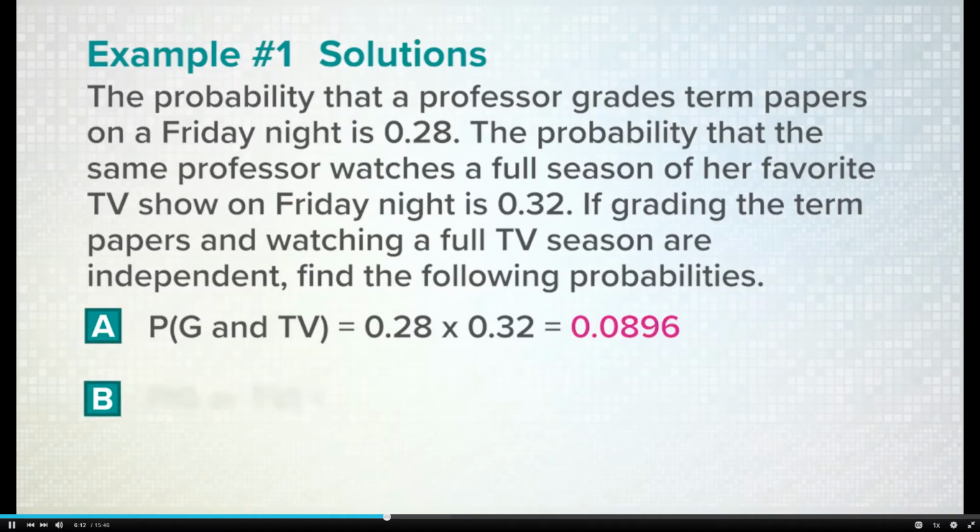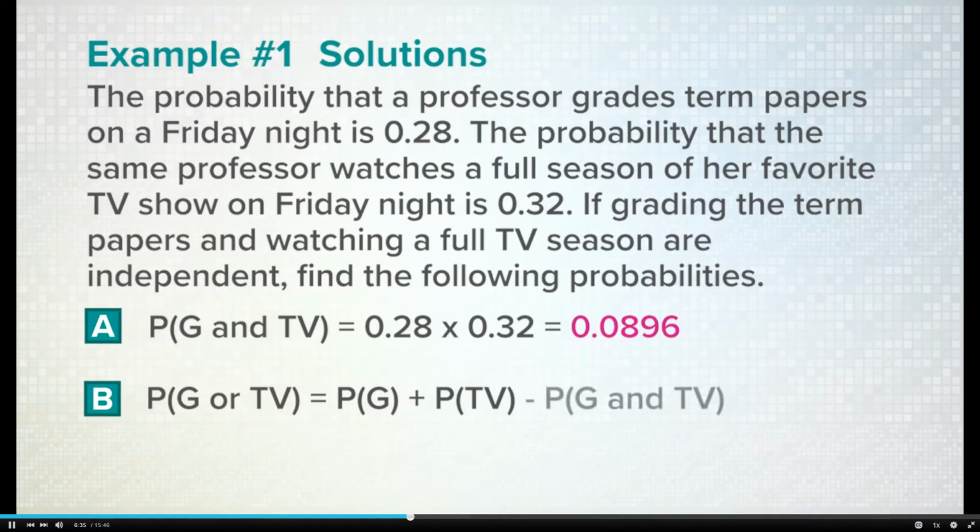For part B, I want to know the probability of grading or watching TV. Hopefully the bells are going off in your head to use that formula. I'll write it down in terms of my problem. Probability of G or TV equals the probability of grading plus the probability of TV minus the probability of both. Well, let's take a look at what we know from our problem.